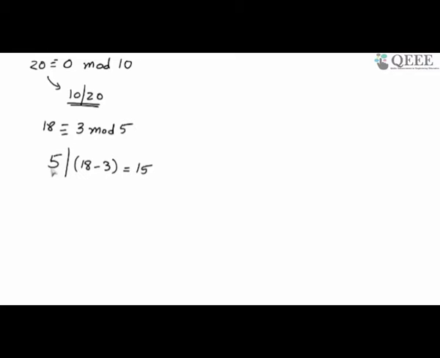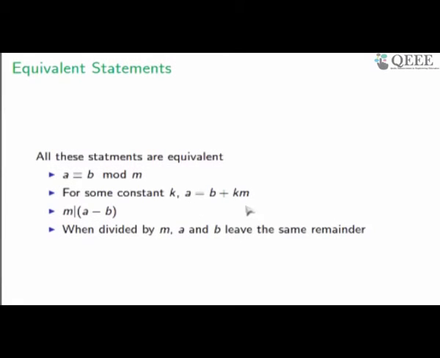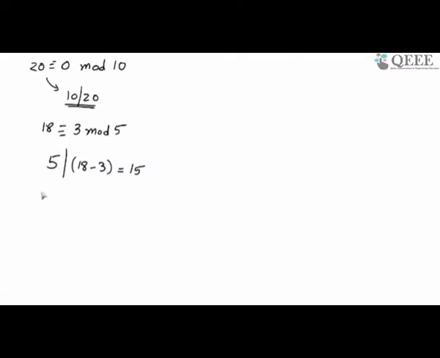So when you divide 15 by 5, it leaves a remainder 0. The other statement which we can say is A equal to B plus some Km. We can write 18 this way, so this is one way of writing it. The second way of writing the same statement is this. And the third way of writing is that we can say 18 equal to 3 plus something into 5. So what is the value of this over here? It is 3, right? So this is also equivalent to any of these two previous statements.